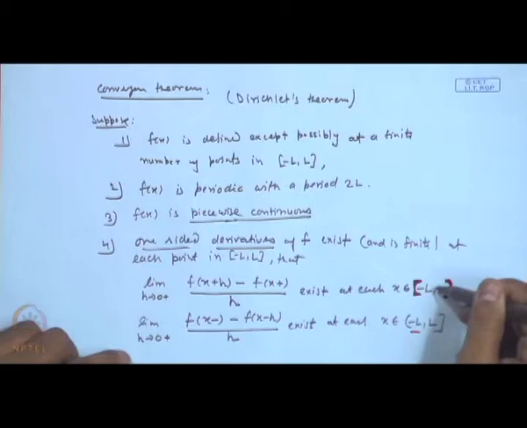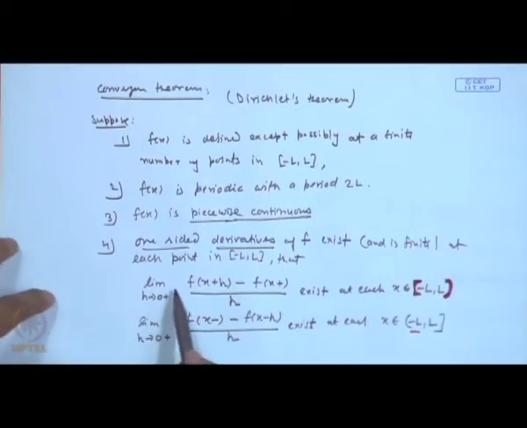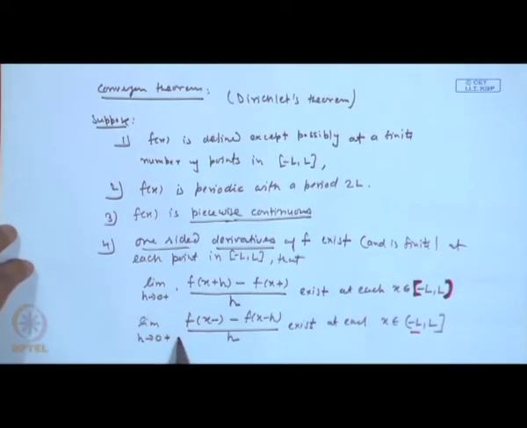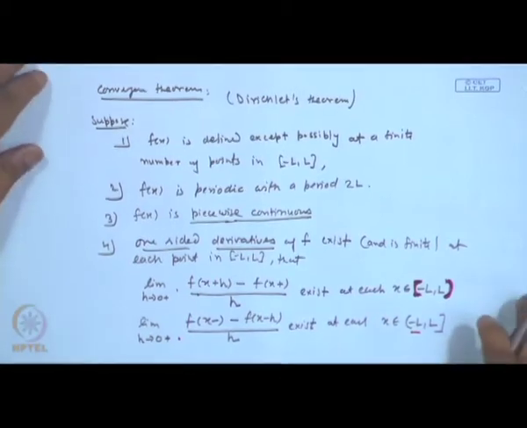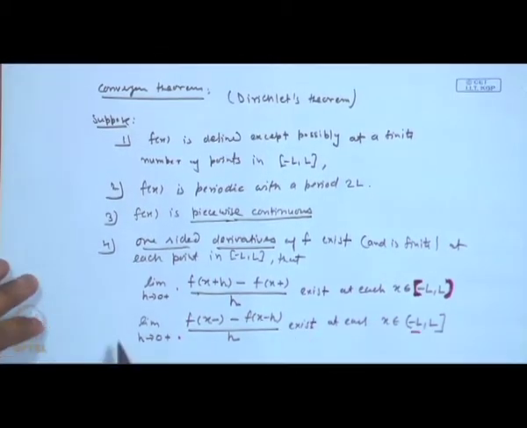So, at all other points both the right and the left limit should exist. At the extreme left end only the right derivative, and at the extreme right end only the left derivative should exist.